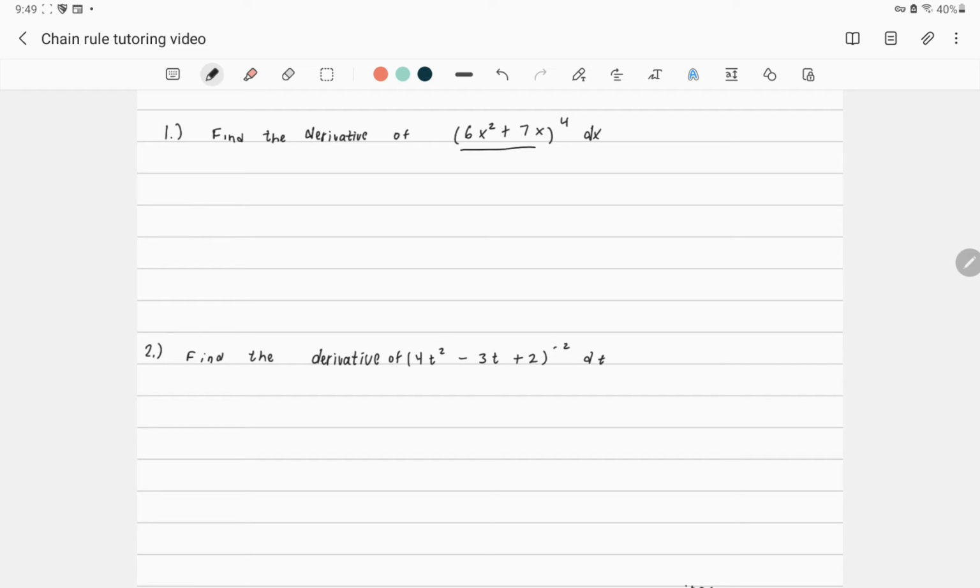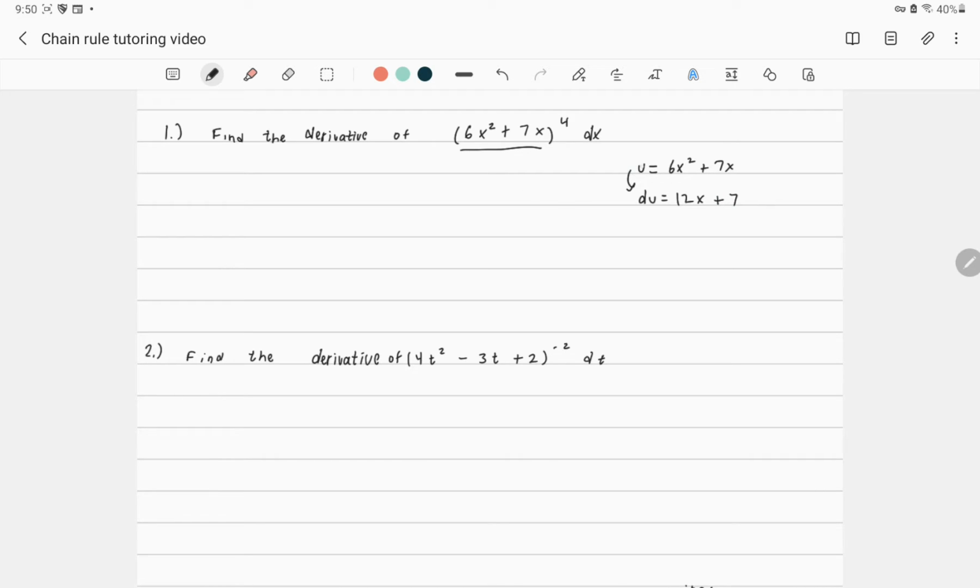But if you take out what's in the parentheses there and substitute it with a u, which you will write over here, so you're going to write u equals 6x squared plus 7x, and then you want to find the derivative of this. So du equals 12x plus 7.